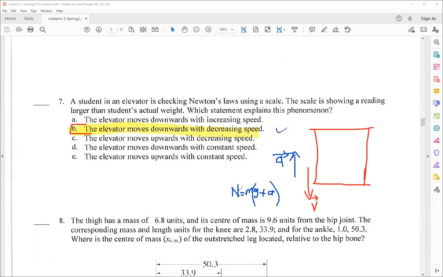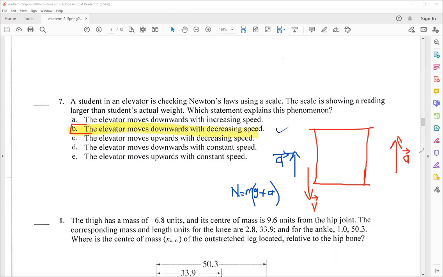Among the options provided, I don't have an option showing that the elevator is moving upward with an increasing speed. That would have been straight away an acceleration pointing up.